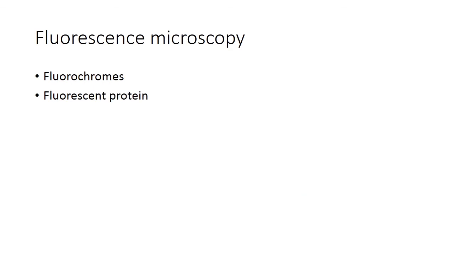Different types of agents could be used to produce fluorescence. They are called fluorochromes. That is one way to produce fluorescence during microscopy. The other method is to use fluorescent proteins. There are different types of fluorescent proteins which are available, and they could be used to color different parts of the specimen. I will briefly talk about fluorescent proteins later on.